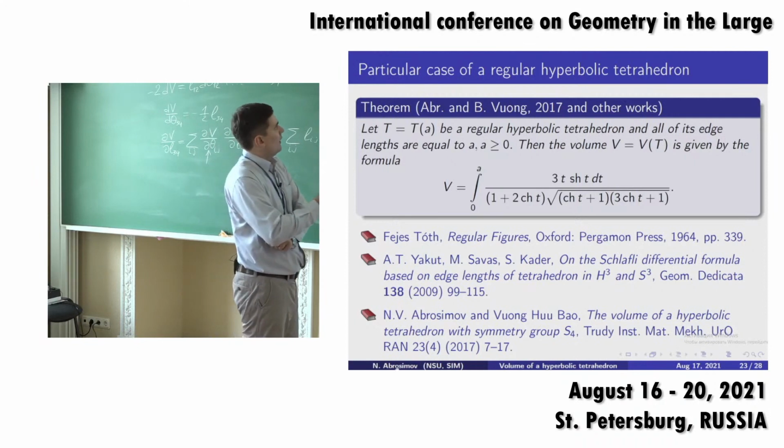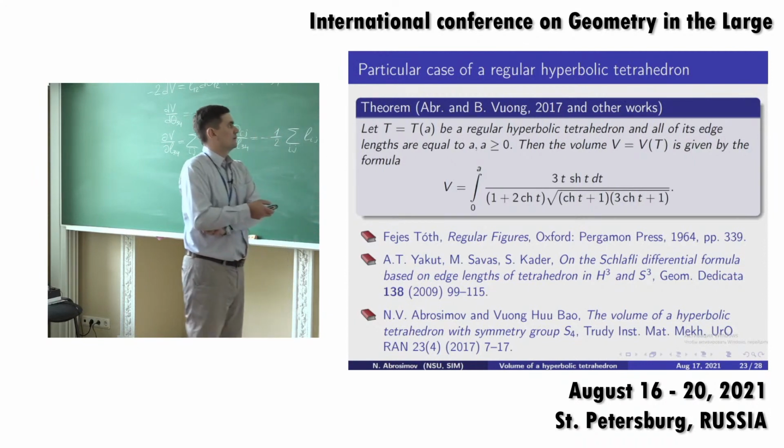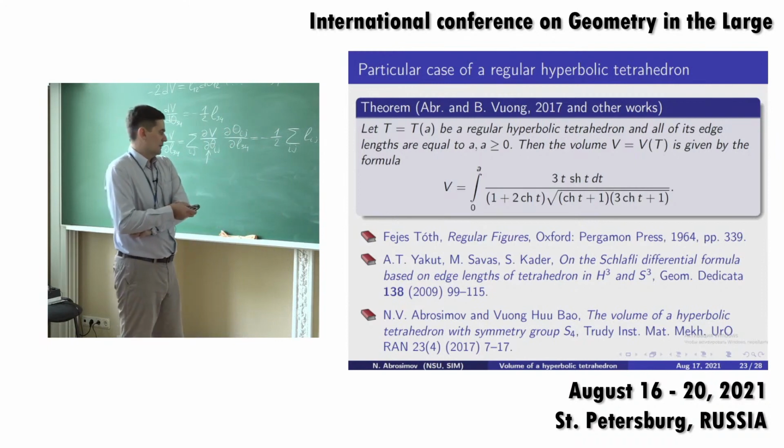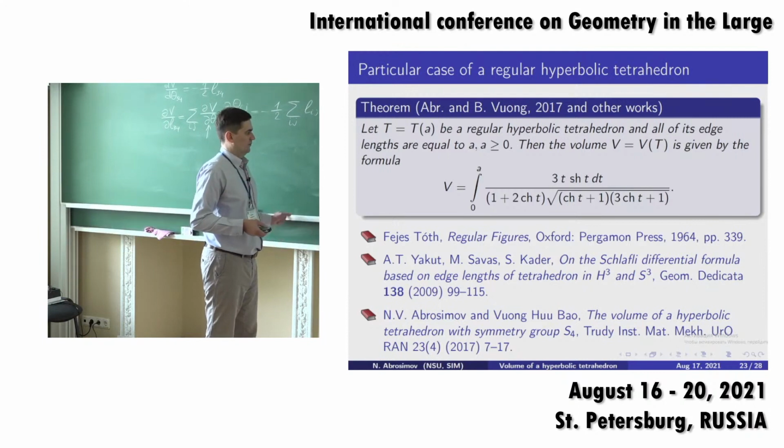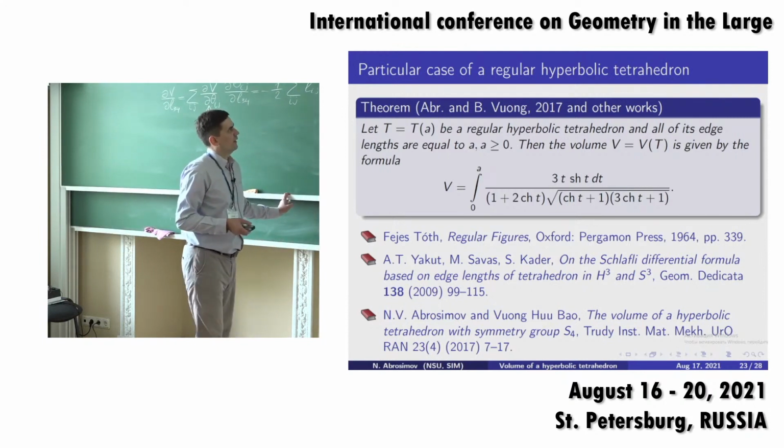This formula for the volume of a regular hyperbolic tetrahedron was given by different authors in different works.